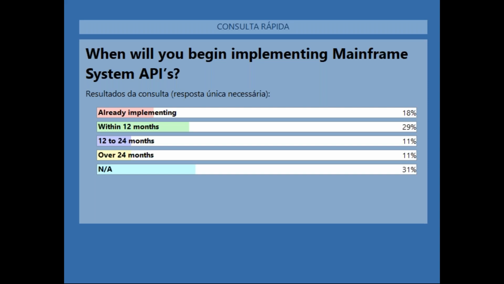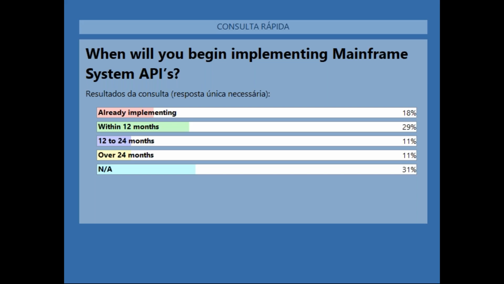Many voted not applicable right now, but we have a lot of people voting that it will be implemented within 12 months, and 18% already implementing. So we have a significant portion interested in the application of REST APIs in the system, and many of those already implemented.